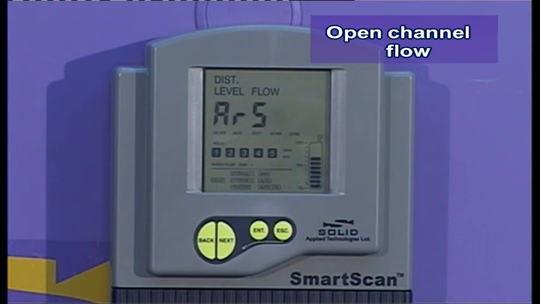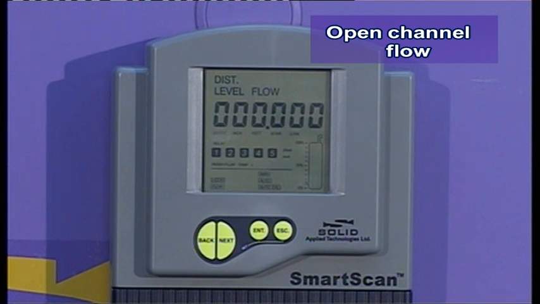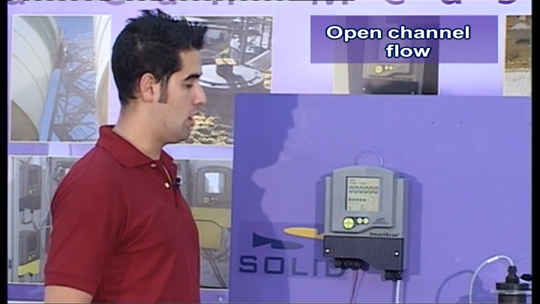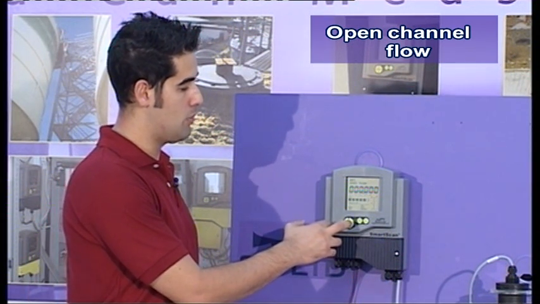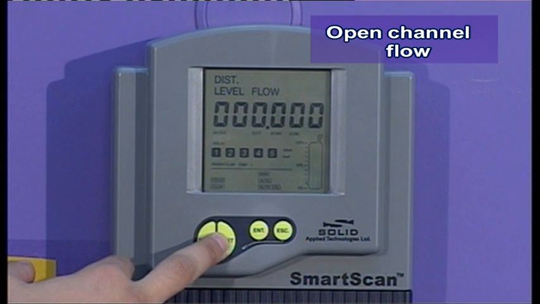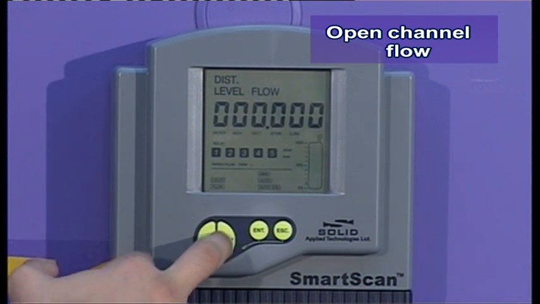AR5 error message appears when switching between level or distance indication to flow indication. After setting flow indication, the user will have to define the measured unit, gallon per minute or meter cubed per hour. For example, we will choose gallon per minute.